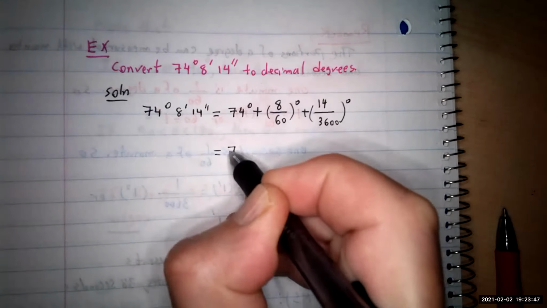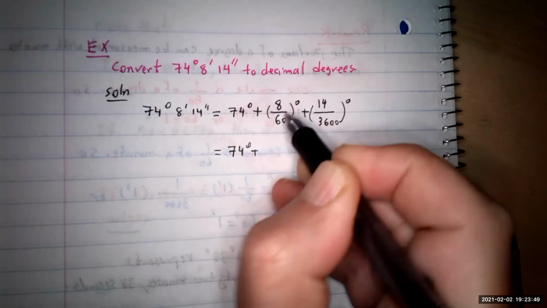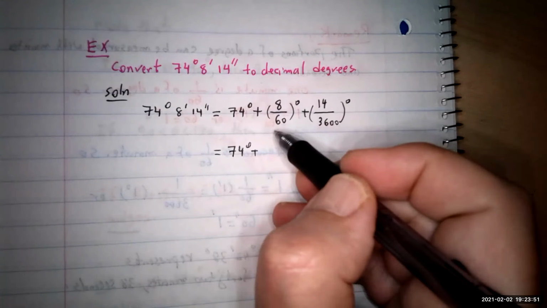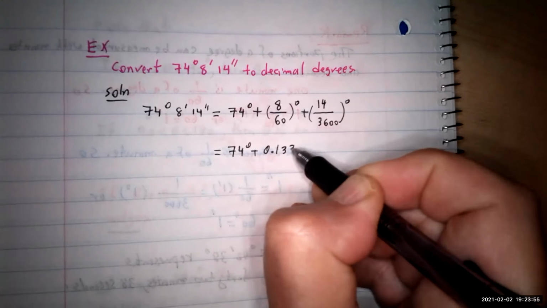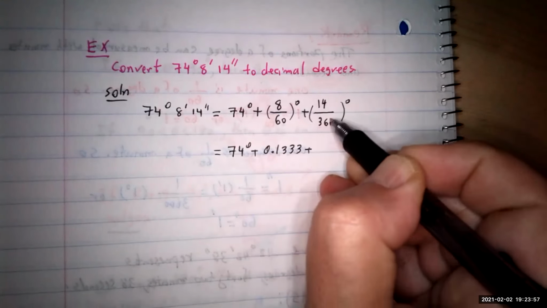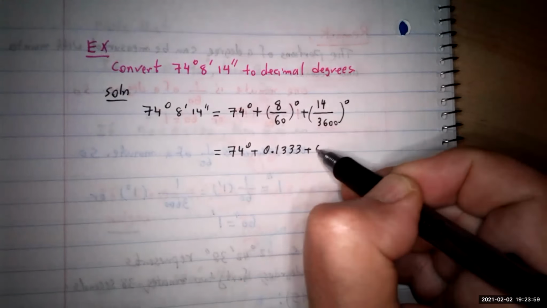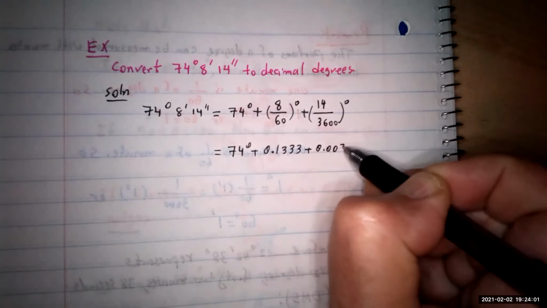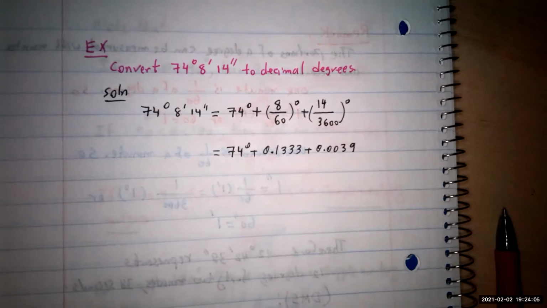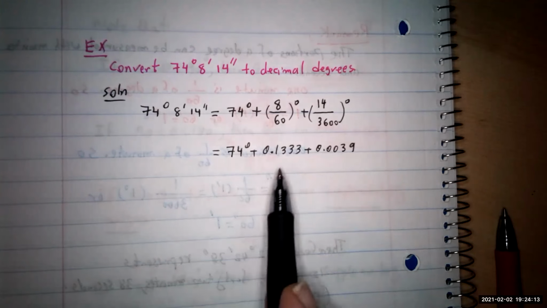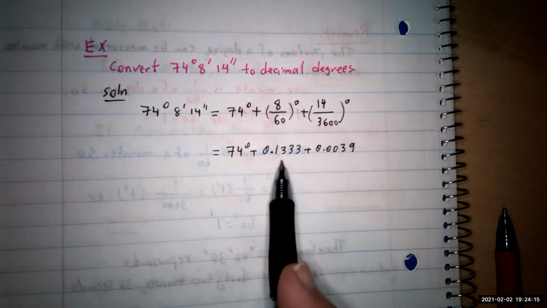So that would be 74 degrees. And if you divide, this is what you get: 0.1333. And you do this one, and that gives you 0.0039. Sometimes they give you instructions on how many places to round to. So what I did over here is, now we add them together.